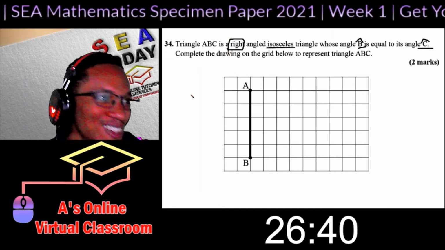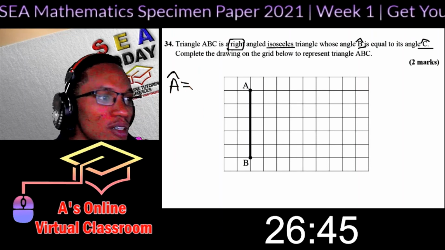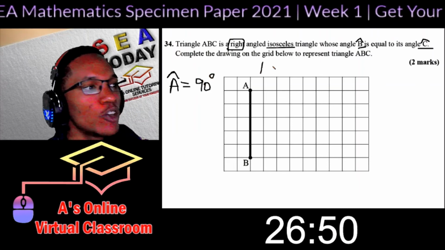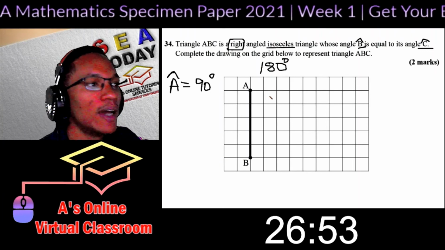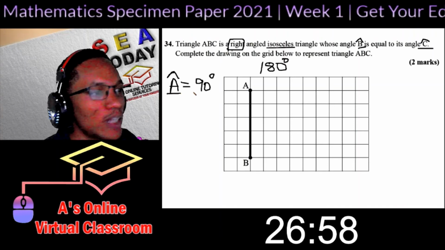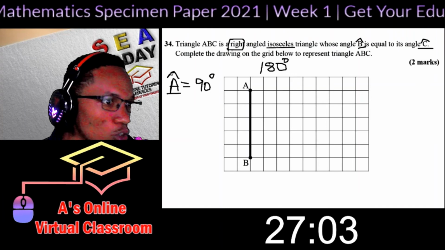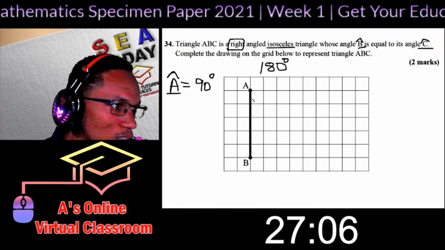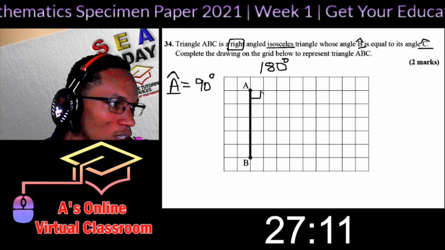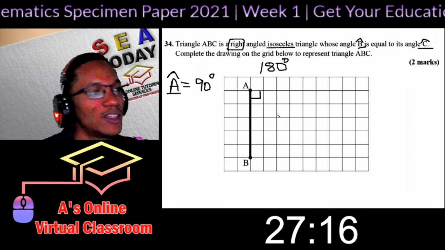So that means that the angle by A would be the right angle, because a triangle has 180 degrees in total, and if B and C are the same, then the only other angle that could be the right angle would be A. So we know our line is going to draw our right angle. We know the symbol for right angle. It's very nice, easily drawn as a square. Right, that's my square there.